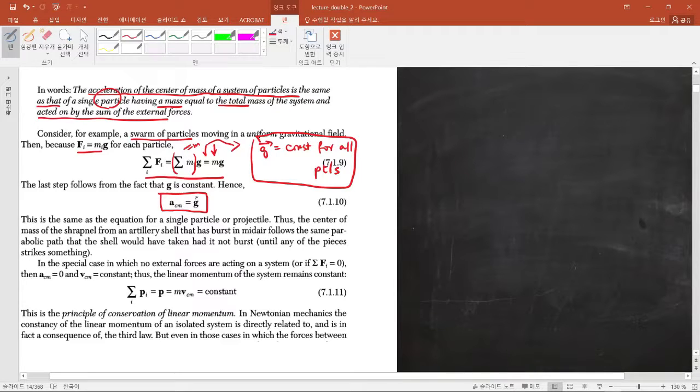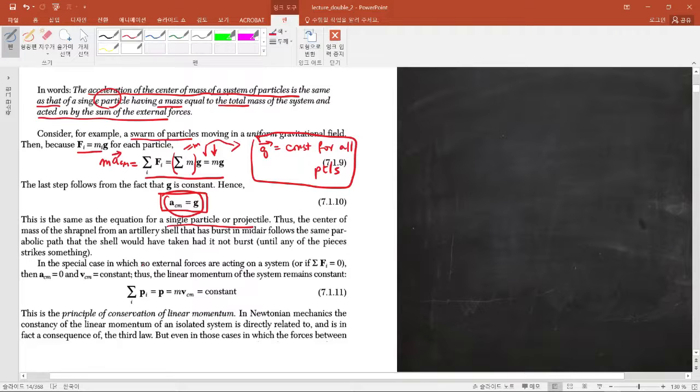Therefore a center of mass is equal to g. So this is the same as the equation of a single projectile particle.